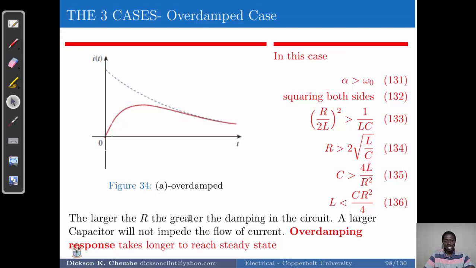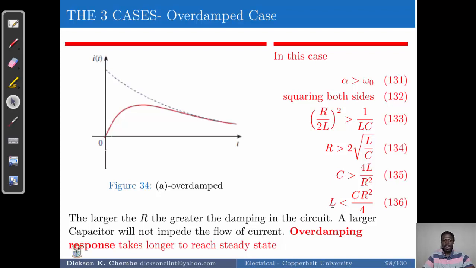The larger the resistor, the greater the damping in the circuit. Now, a larger capacitor will not impede the flow of current, so a lot of current is still allowed to flow in the circuit. So you have a capacitor value which is large compared to the other values. And then you have a smaller inductor; in this case, the inductance value will be smaller.